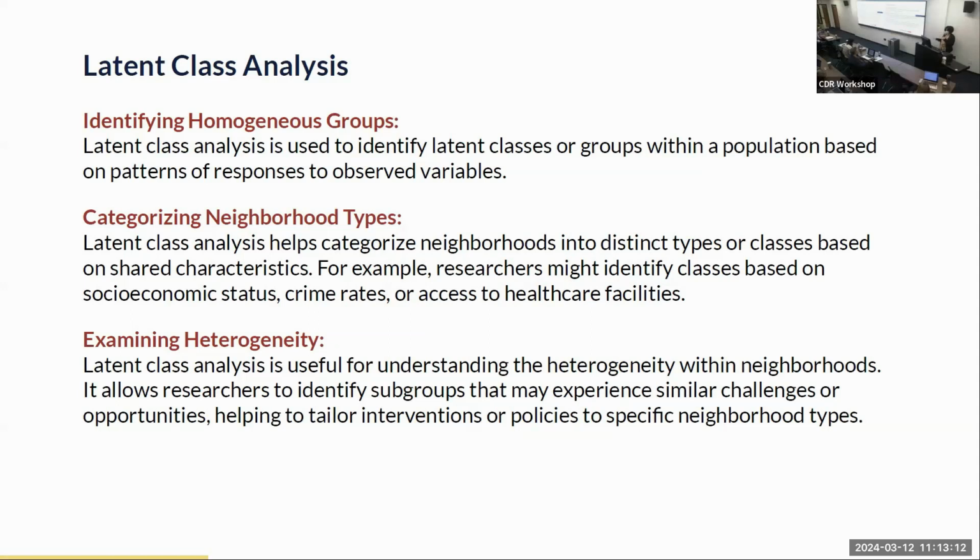And one thing that I do appreciate about latent class analysis is that it really gives you the opportunity to examine heterogeneity within neighborhoods, which sometimes can get lost when you're creating indices, right? So you may not get that richness, that qualitative richness of the information, as you would with LCA, at least in my personal experience.